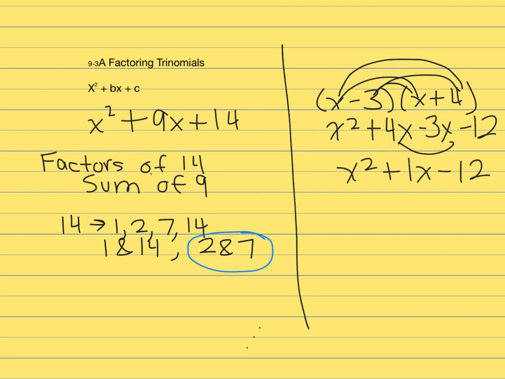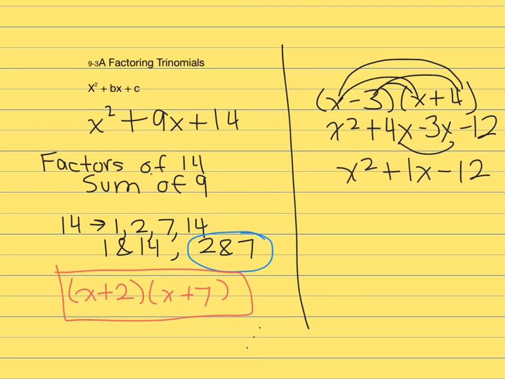So from there, all I need to do is open up two different sets of parentheses, and on the inside, I'll put x plus 2 and x plus 7. Now I could check that by going ahead and foiling it, but this is really my final answer here. If I want to do a check, I'll foil this and see if I get back x squared plus 9x plus 14.